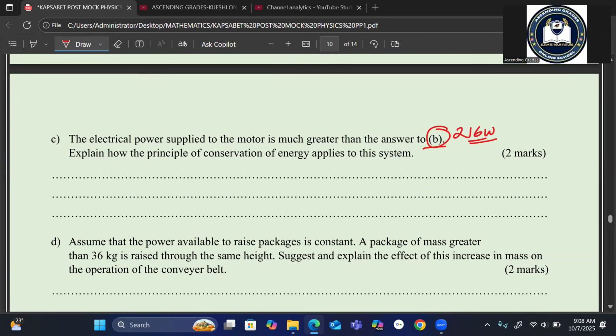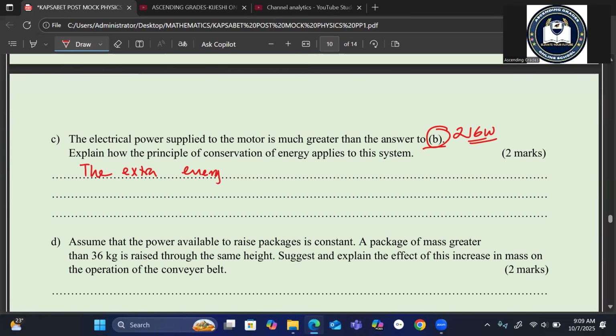Since the energy is supposed to be conserved, some of this energy goes into overcoming such inefficiencies such as friction and heat losses.